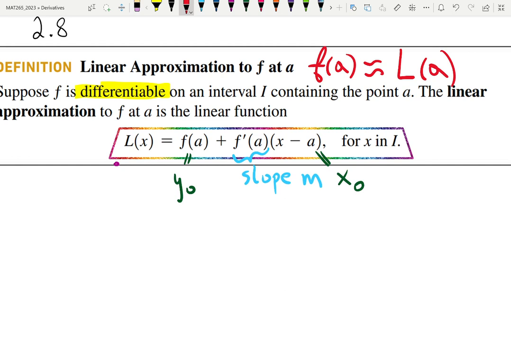The equal sign here means we're defining the linear approximation, but then it's not exactly equal to the original function. That's the whole point. So I would say x, let's keep it x, on the interval I. So sine can be approximated with y equals x on the interval around 0.